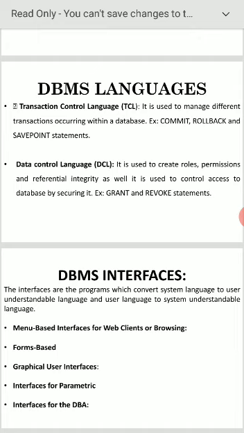Next one, interfaces for the parametric user. Parametric users such as bank tellers often have a small set of operations that they must perform repeatedly. System analysts and programmers design and implement a specific interface for each known class of naive users.